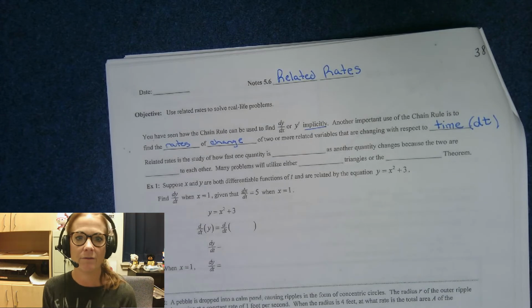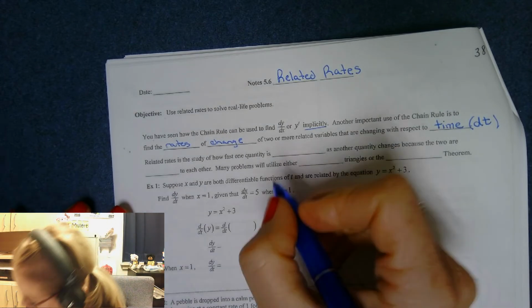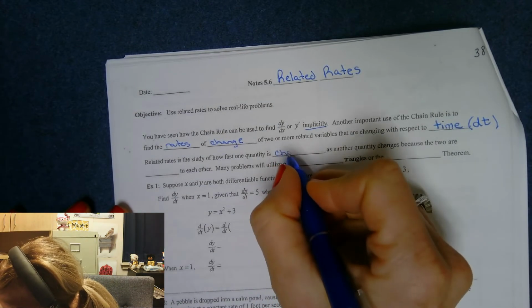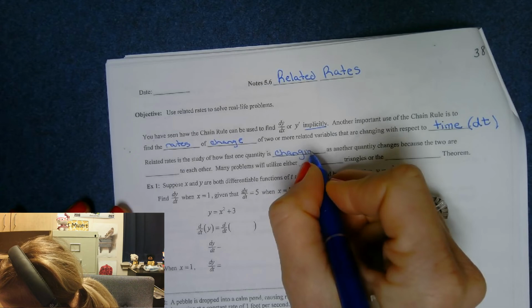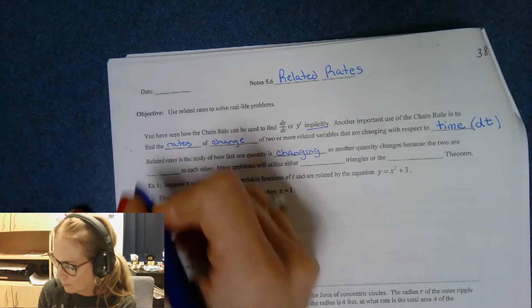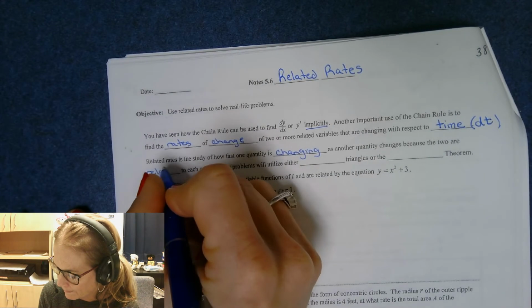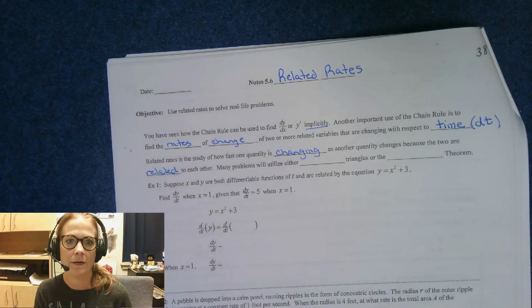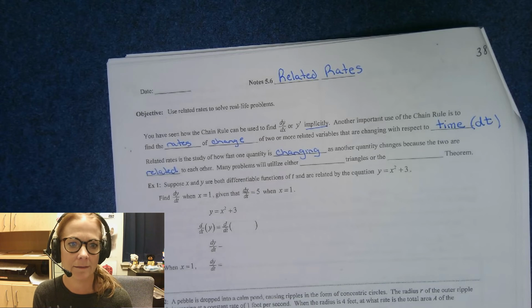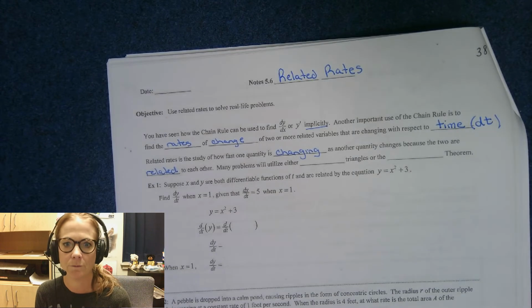Related rates is the study of how fast one quantity is changing as another quantity changes, because the 2 are related somehow to each other. So like in the area of a circle, radius and area are related to each other, related somehow in a formula.